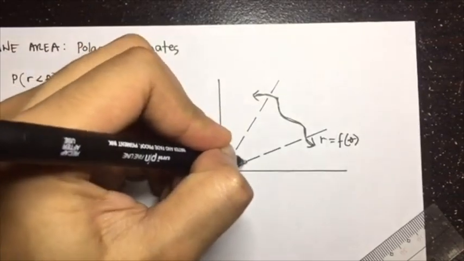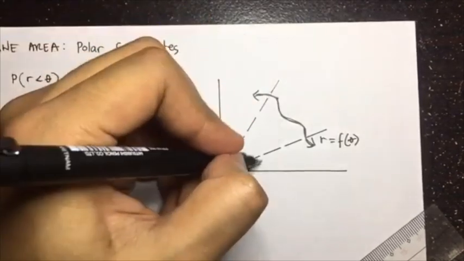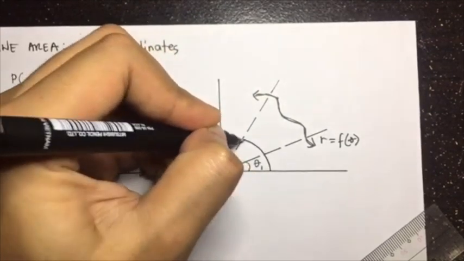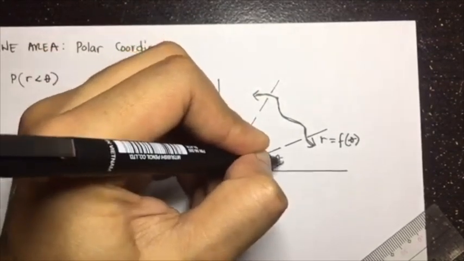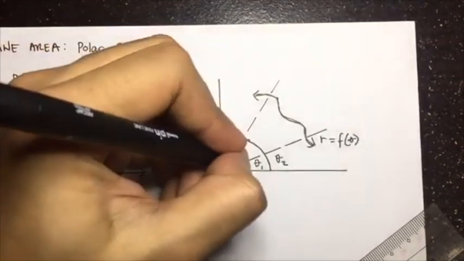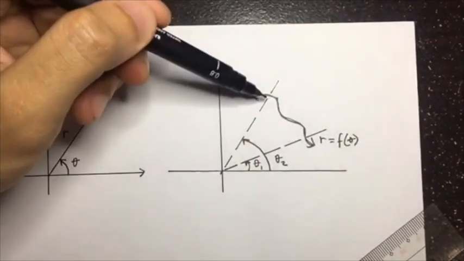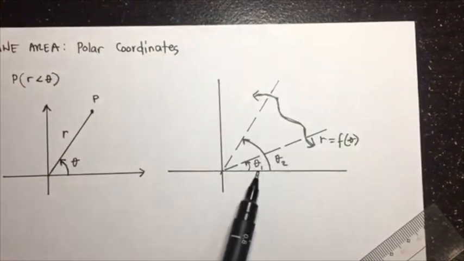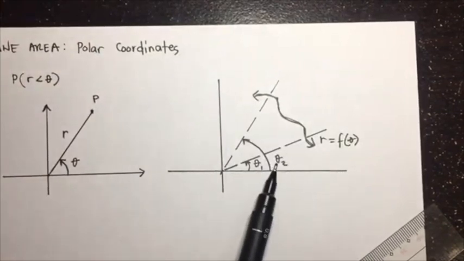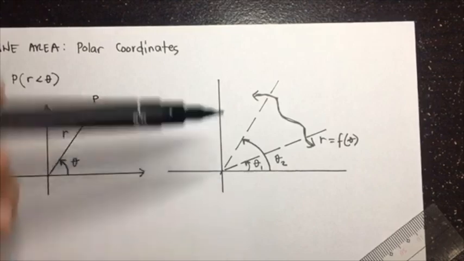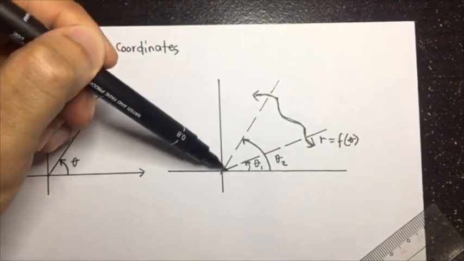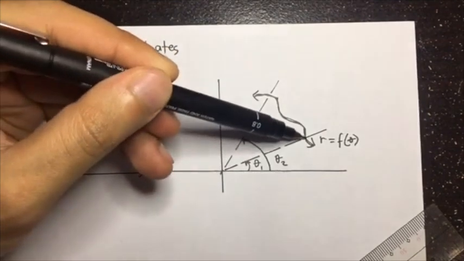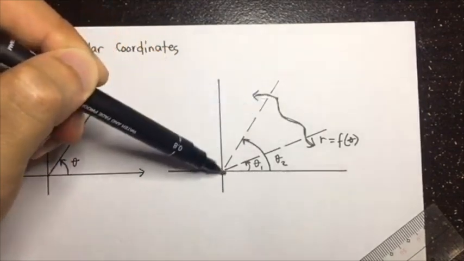So say from here, which is theta 1, to here, theta 2. Basically the area that will be bounded by this curve from theta initial to theta final is this one. It looks like that.